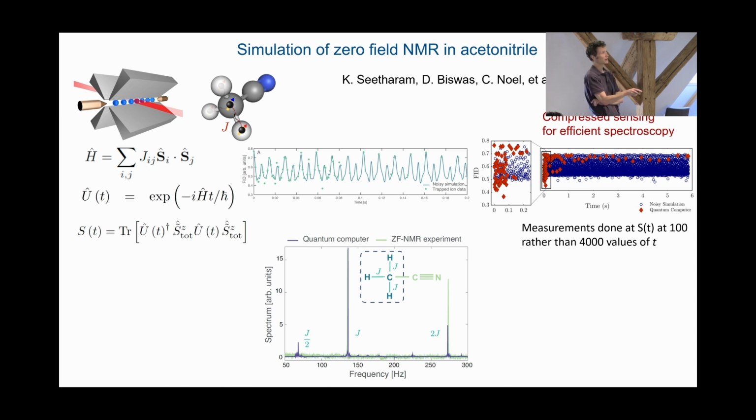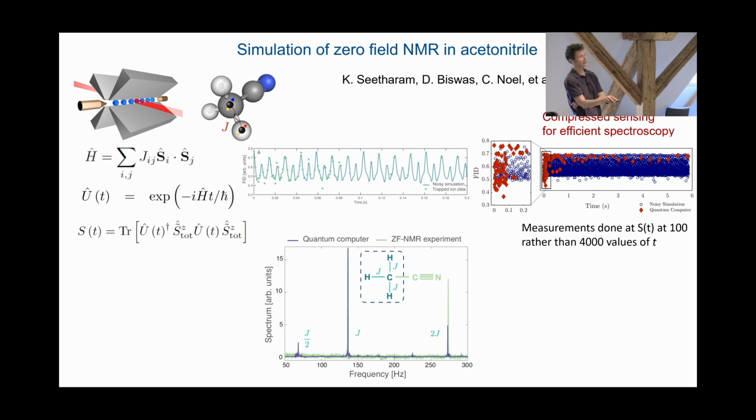Here, considerable work had to be done by Crystal, Kushal, and Dries on finding the right approach, which allows us to minimize the number of time measurements, the number of time steps in the calculation, so that one can actually get a spectrum.